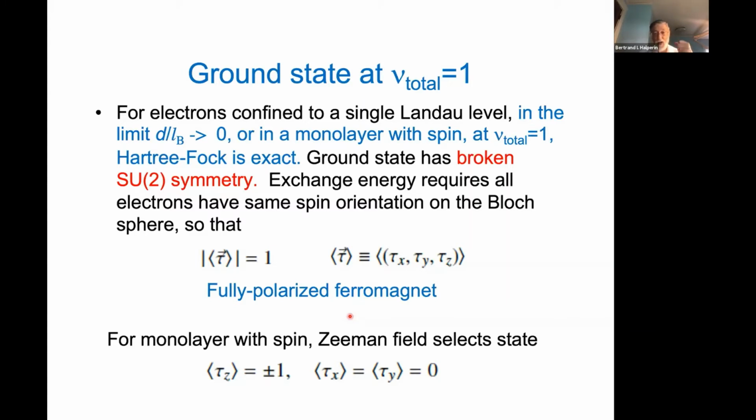Hartree-Fock favors full polarization, so it makes all the electrons have the same spin orientation, but this spin orientation can be anywhere on the Bloch sphere.